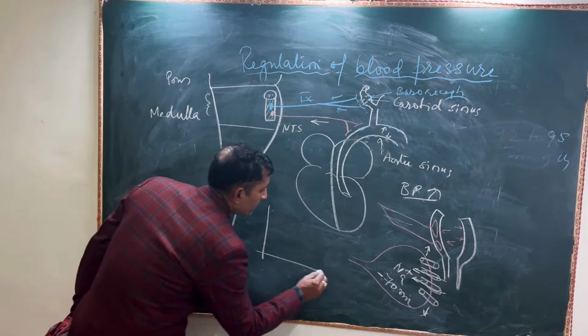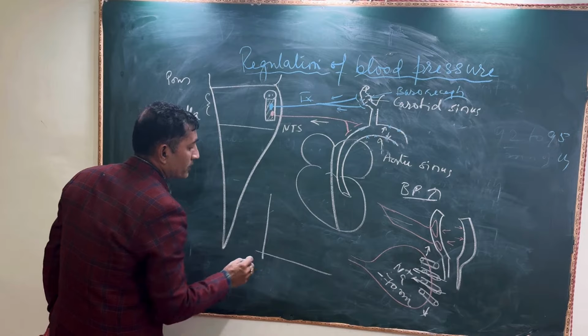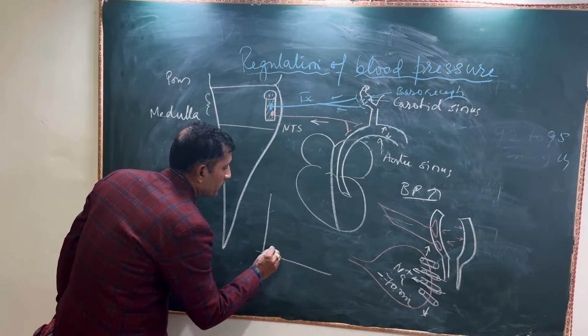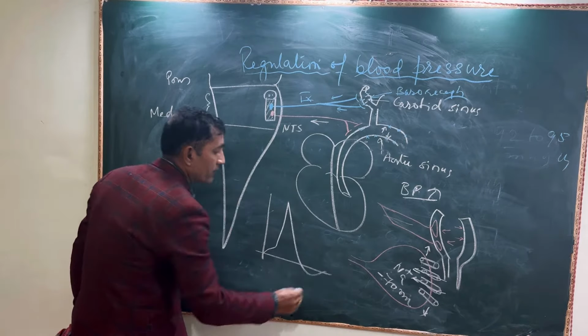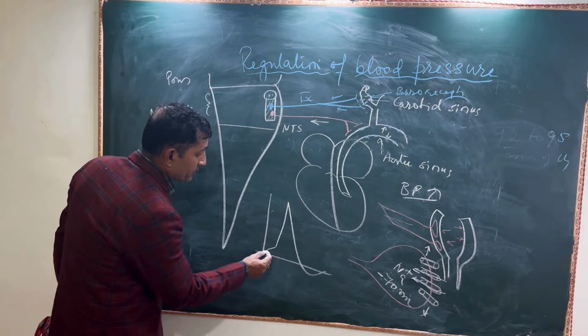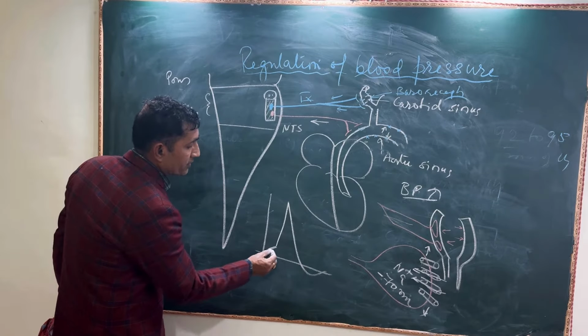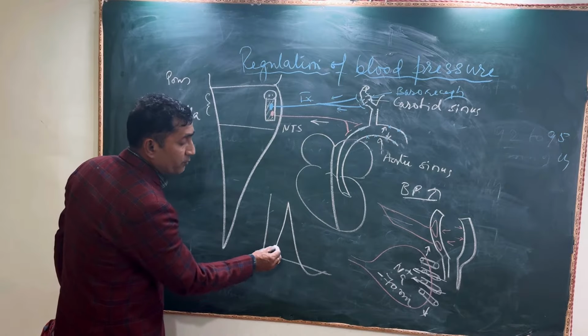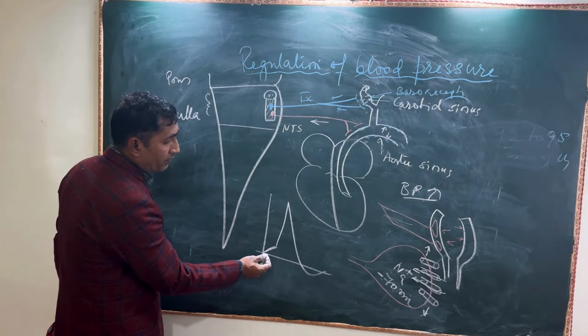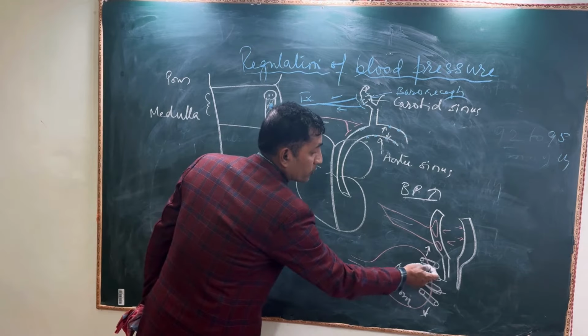If we look at the graphs, then in case of action potential recorded in a neuron, it looks like this. So there is a potential change, there is a depolarization, and this depolarization comes because of the involvement of the sodium channel.